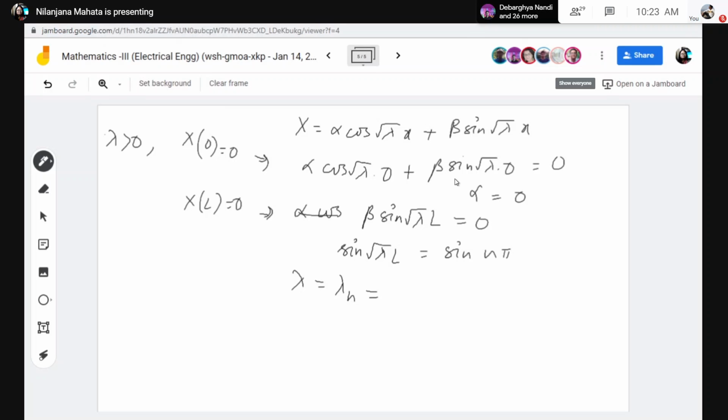So I would write my lambda as lambda n, if I am considering this L, so your lambda n will be (n pi by L) square, n greater than or equal to 1.